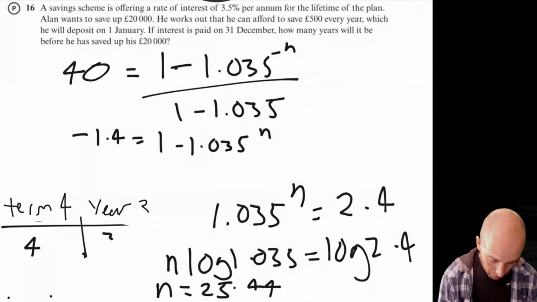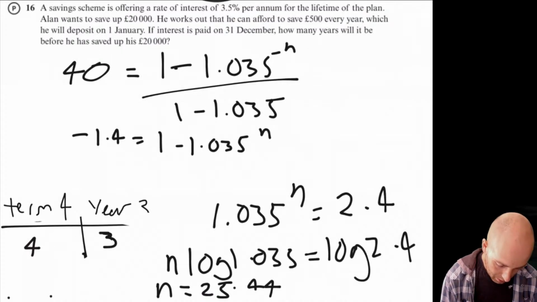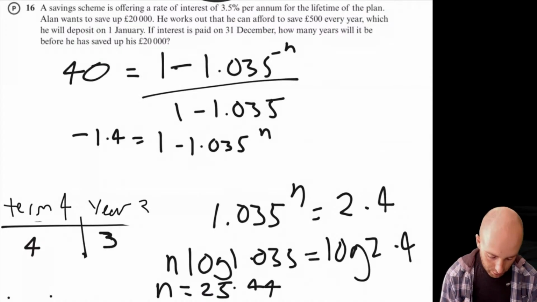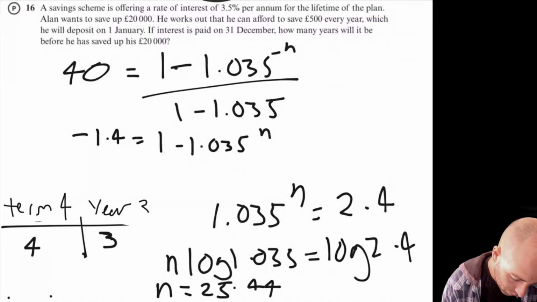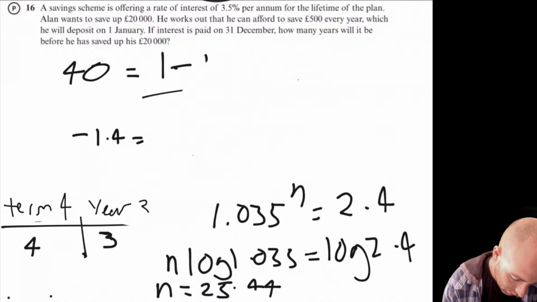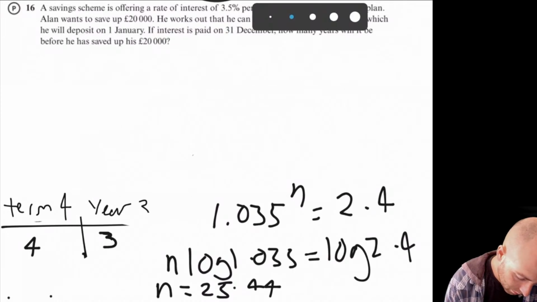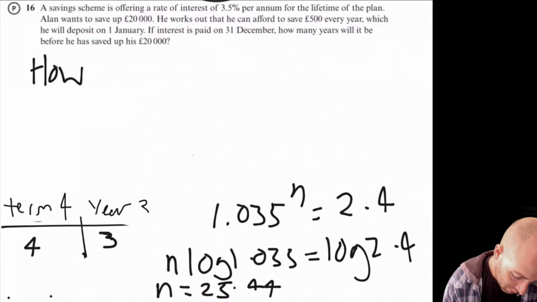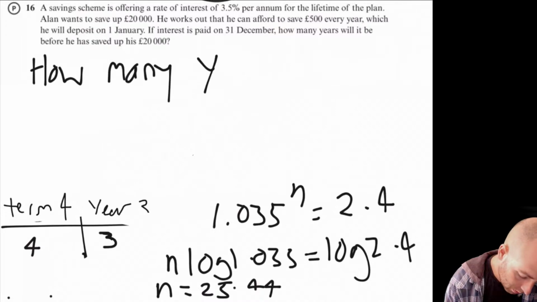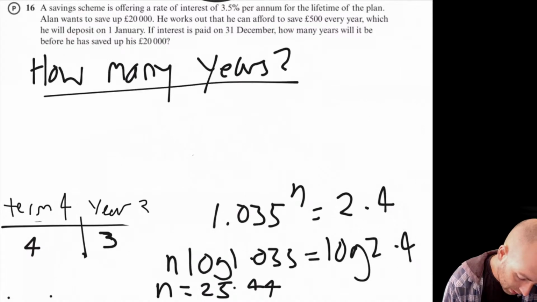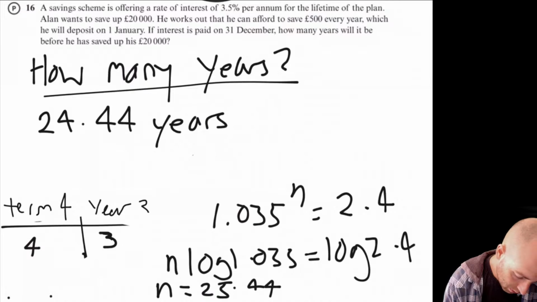So n is 25.44. I've left a bit of the table up here. So we said n is 4, year is 3. So if n is 25, the year is going to be 24.44 years.